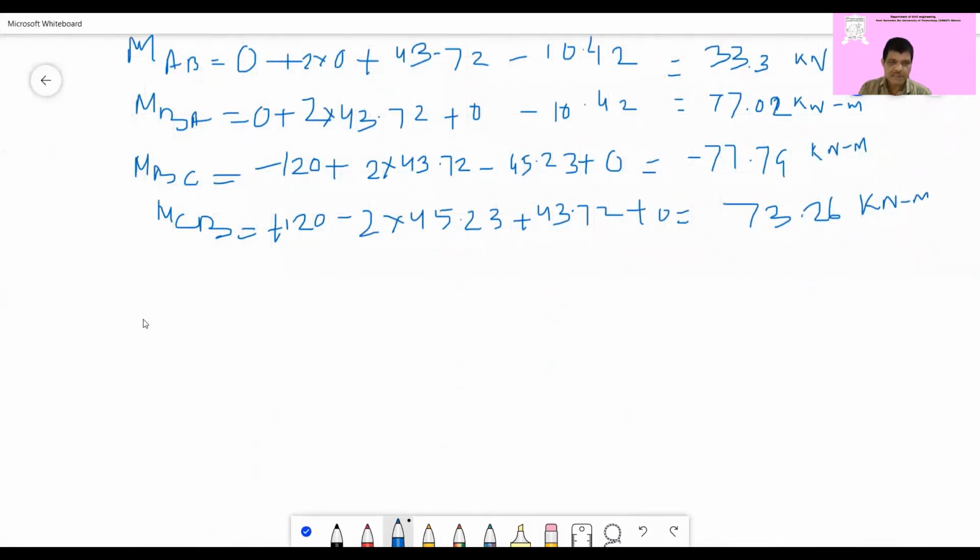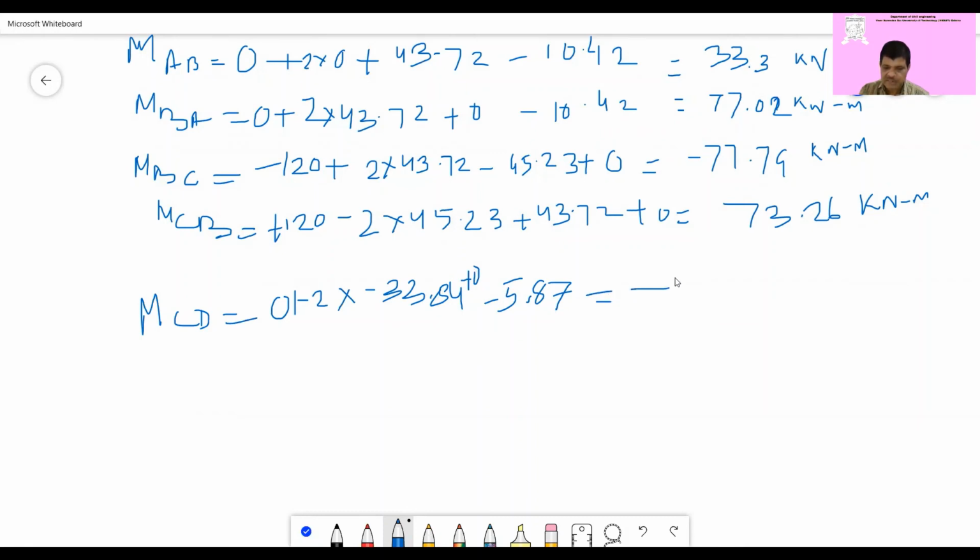I will write down this MCD. 0 is the fixed end moment, plus 2 times near end moment, minus 33.84, and minus 5.87 is the far end moment, minus the contribution of the displacement, which comes out to 73.55 kilonewton meter.